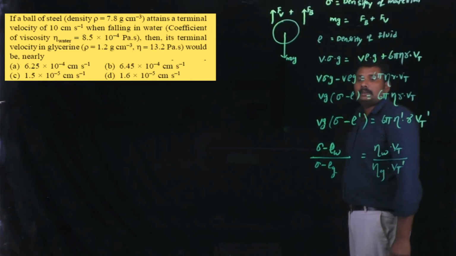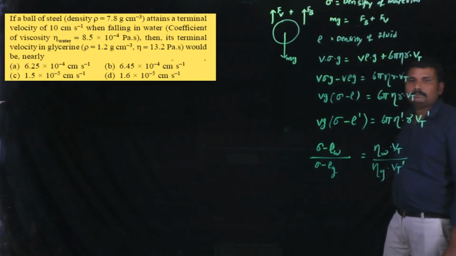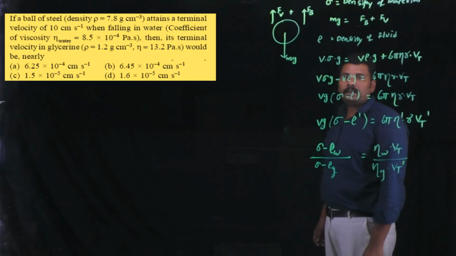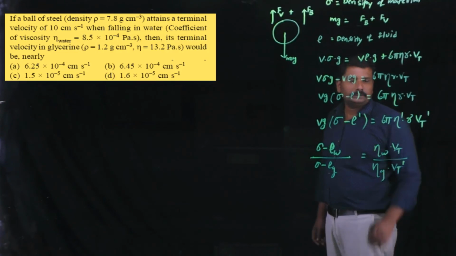By calculating this, the terminal velocity in glycerin is Vt dash.